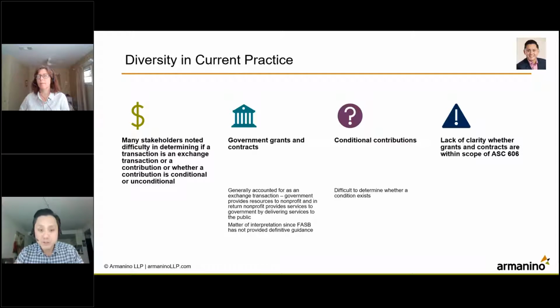The accounting for government grants and contracts has also been a bit murky. Generally, government grants and contracts historically have been accounted for as an exchange transaction, but that's only been a matter of interpretation because there hasn't been definitive guidance on this matter. And there's also been a lack of clarity as to when and how you would apply 606 as a nonprofit.